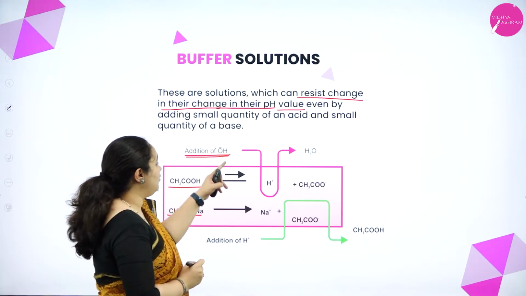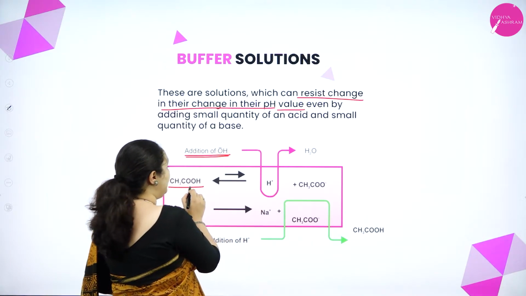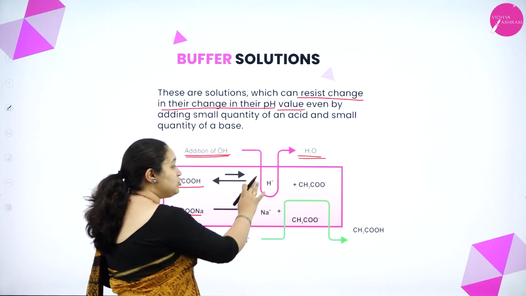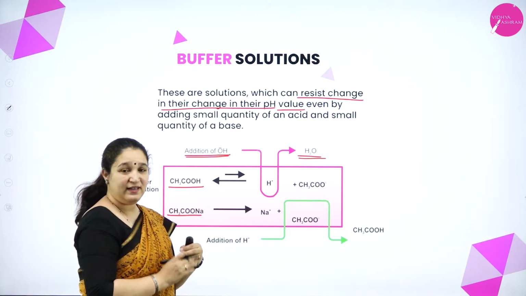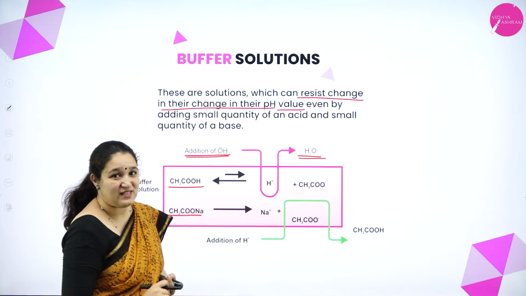When you add OH minus ion, it reacts with the H plus which was liberated by acetic acid to get converted to water. So whatever base you have added is getting converted to water, thus the pH is not changing, isn't it?